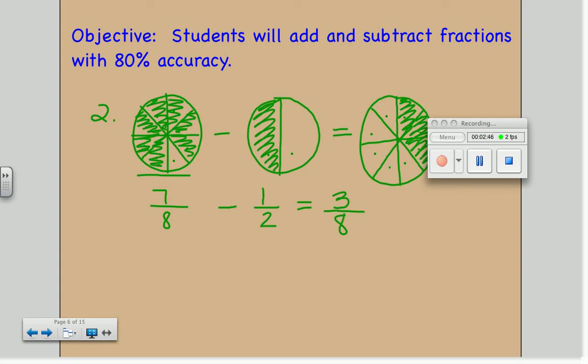So 7/8 minus 1/2 equals 3/8. By the way, what is half of 8? Half of 8 is 4. So 1/2 is the same as 4/8. So 7/8 minus 4/8 is 3/8. Same thing.